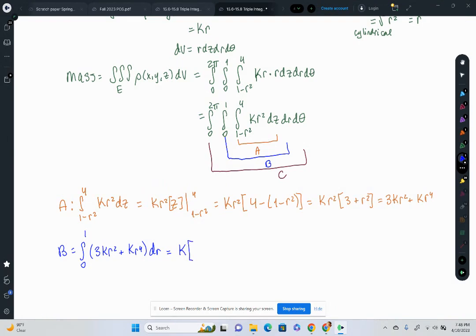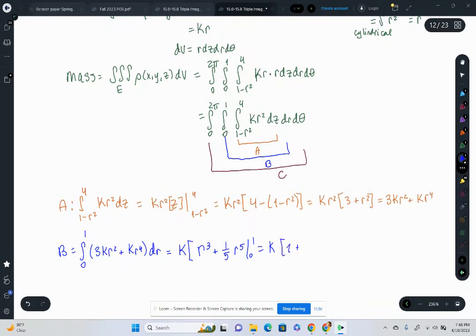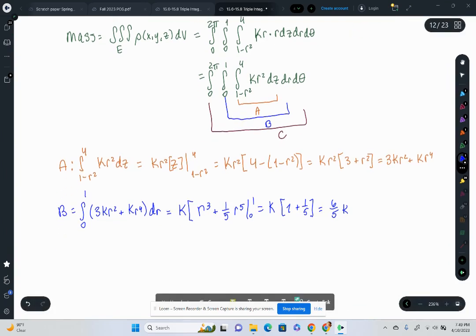When I integrate that, I get 3 over 3r cubed, which is just r cubed. And I get plus 1/5 r to the 5th from 0 to 1. This, I'll leave the k on the outside. I get 1 plus 1/5 inside, which is 6/5 k. That is my integrand for theta.